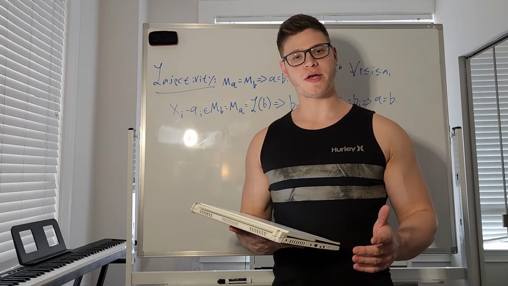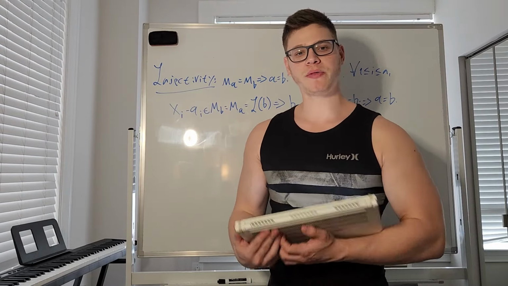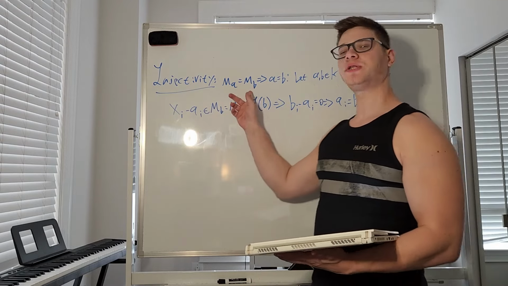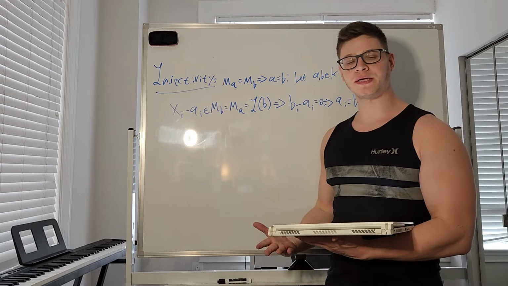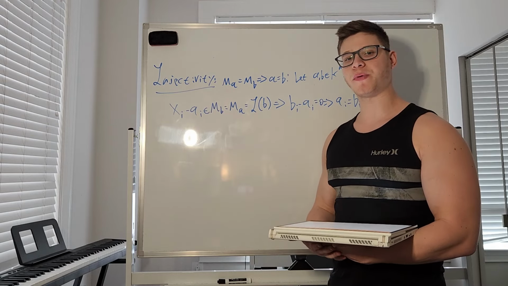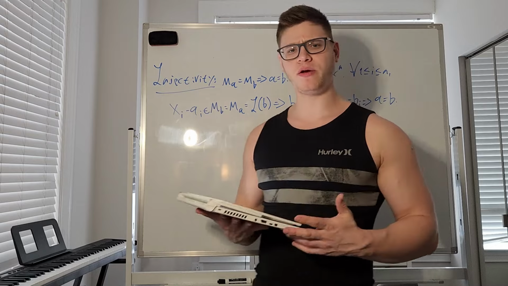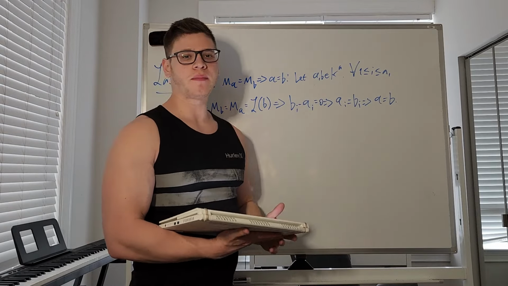Next, we show injectivity of the correspondence. That is, we show that if we have MA equal to MB for two points A and B, then A and B are actually the same point. So a maximal ideal can't correspond to more than one point. Now this is actually quite easy. Let A and B be arbitrary points.